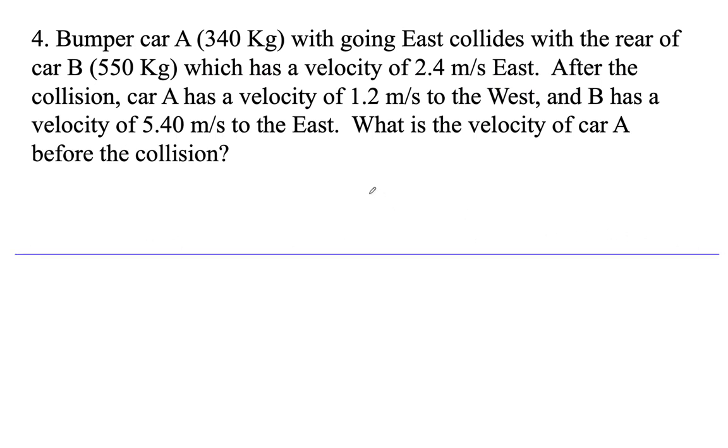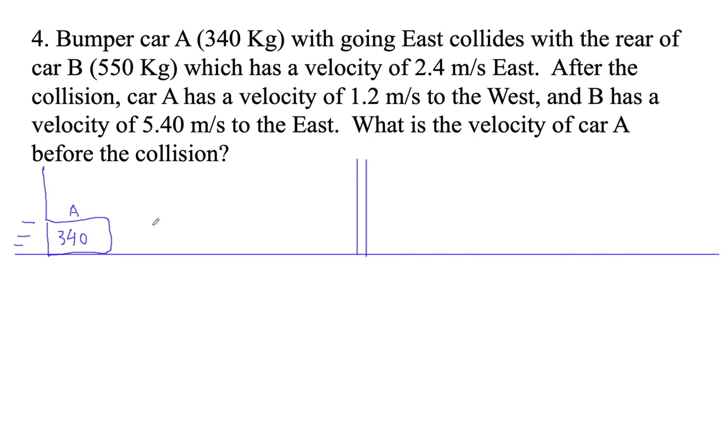I have no chance at this without a good picture. Okay, so let's see. So here's bumper car A. I'm going to make east to the right. So A is 340. Here's A, and it's going east, so it's going to the right.